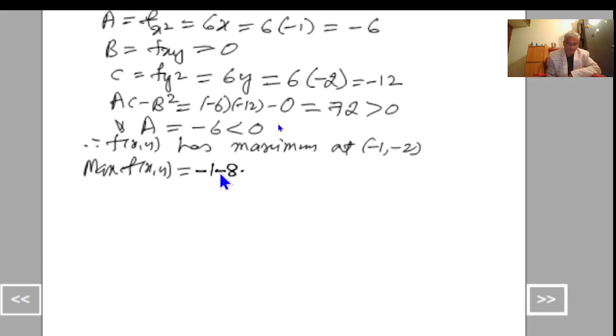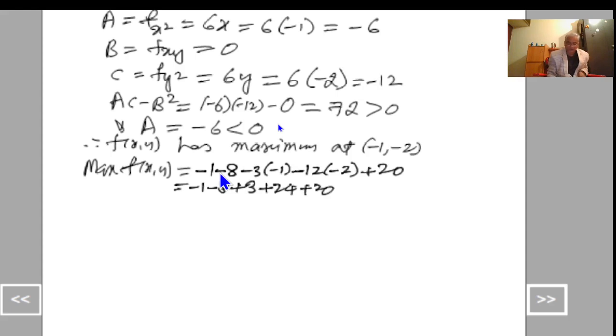Minus 3x, minus 3 into x is equal to minus 1, minus 12y, minus 12 into y equal to minus 2, plus 20. This is equal to minus 1 minus 8, minus into minus plus 3, minus into minus plus 24, plus 20. So this is equal to 20 plus 24 is 44, plus 3 is 47, minus 1 minus 8 is minus 9.